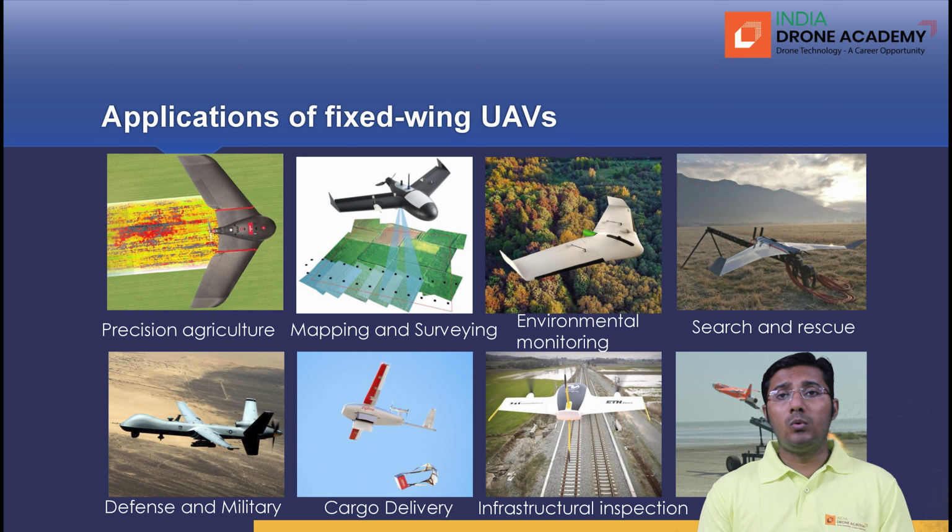Some people are involved in these crimes and affect the wildlife by killing endangered species. For search and rescue operations, these fixed wing drones can also play a very important role.